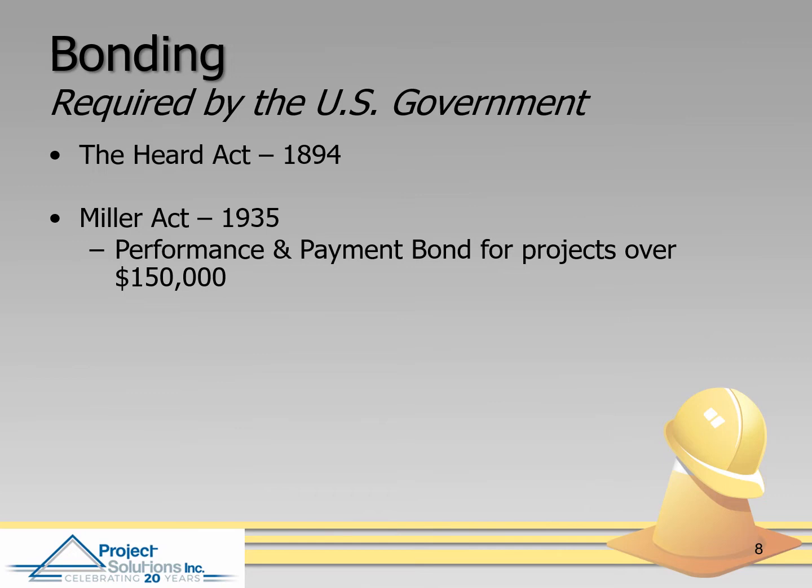The Heard Act of 1894 and the Miller Act of 1935 require performance and payment bonds for projects over $150,000. As you get more into your construction business and learn more about bonding, sometimes the prime contractor will bond the whole project, and you might not have to, or you'd have to pay your portion of it. But it's good to have this knowledge.